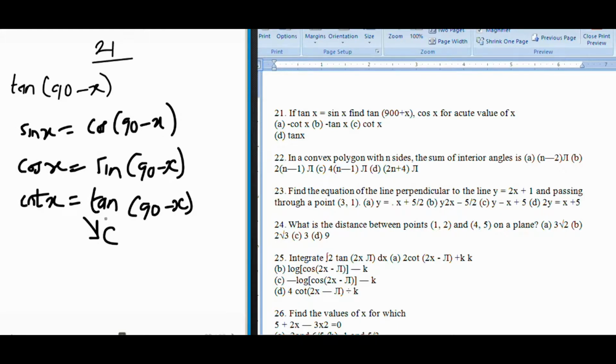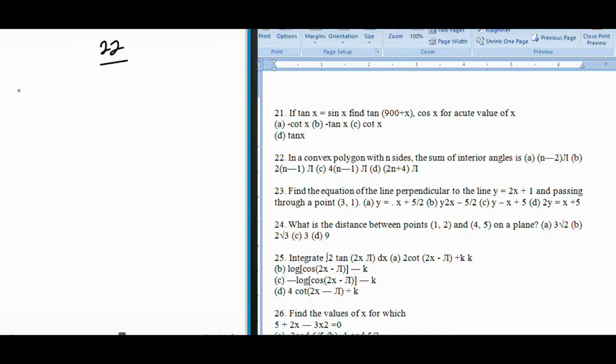Now, the next question: in a convex polygon with n sides, the sum of interior angles is... The formula for calculating the sum of interior angles in a convex polygon is (n minus 2) times 180 degrees. But you can see that they decided to use that 180 in the form of pi, that is in radians.